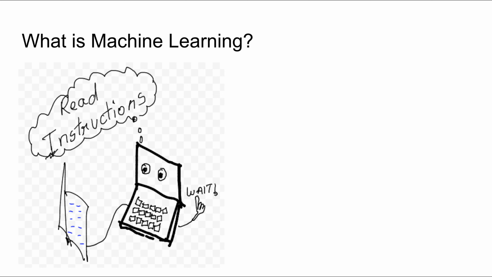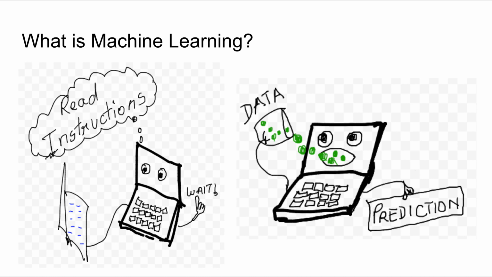So let's say without machine learning, what you could do is give the computer a set of instructions like a recipe in detail, and then the computer can use that recipe to give the predictions that you're looking for. However, with machine learning, you can bypass that and let the computer do the job of writing the recipe by itself.